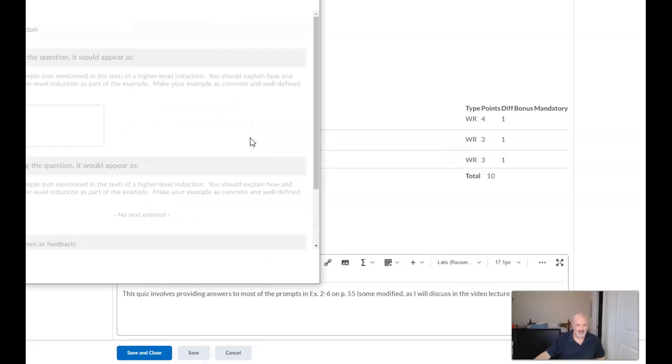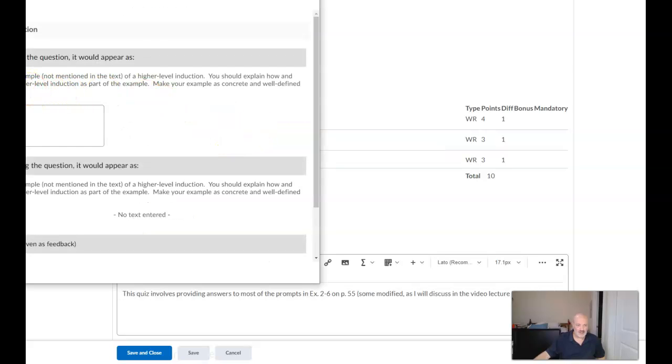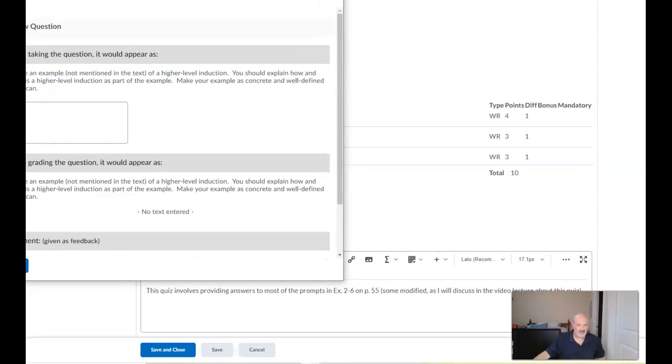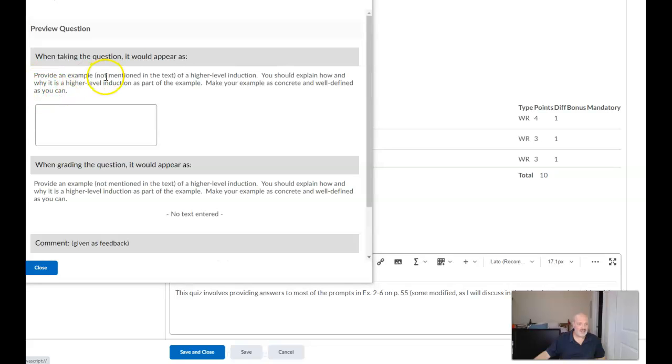The second question is, again, a 3-point response. Provide an example not mentioned in the text of a higher level induction. You should explain how and why it is a higher level induction as part of your example. Make your example as concrete and well defined as you can.